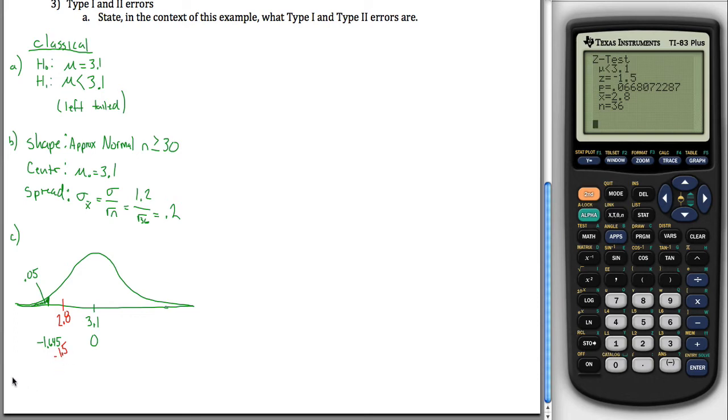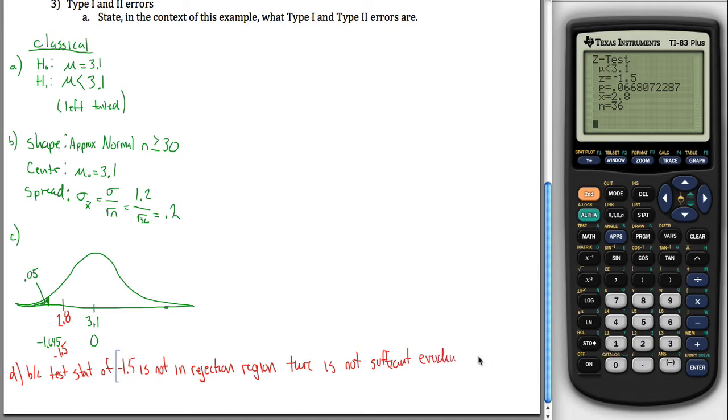Test statistic is negative 1.5, and my conclusion is because my test statistic of negative 1.5 is not in the rejection region, there is not sufficient evidence to reject H naught, to reject my null hypothesis.